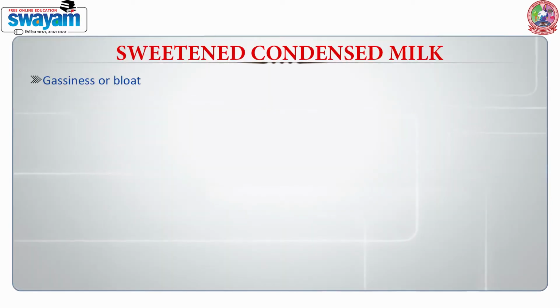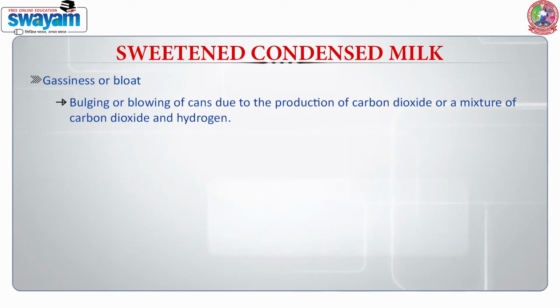Now coming over to a very important milk product, that is sweetened condensed milk. The most common defect seen in this is gassiness or bloat. The bloating means a bulging or blowing of the cans due to the production of carbon dioxide or a mixture of CO2 and hydrogen.